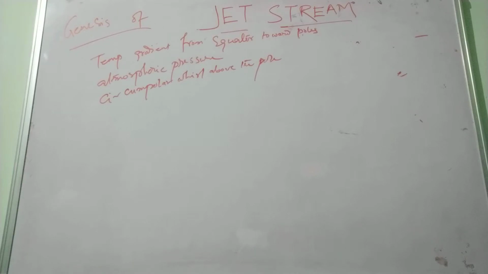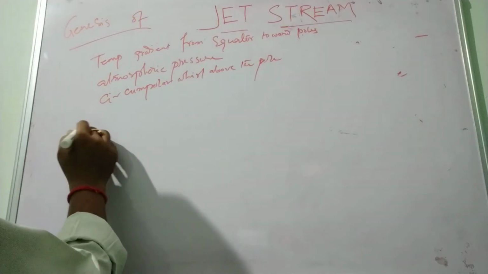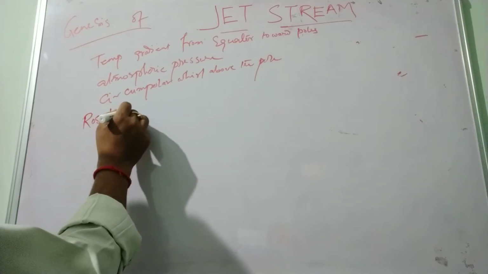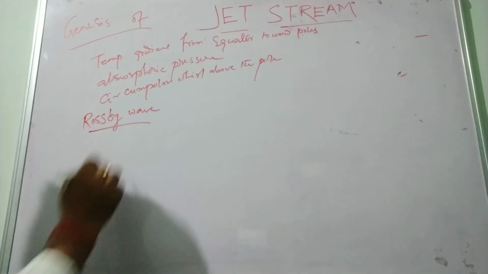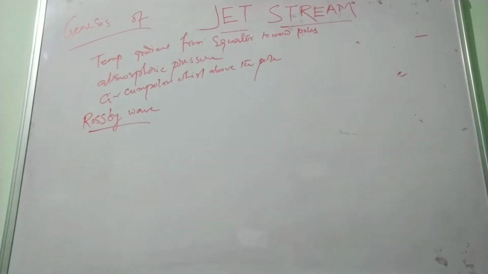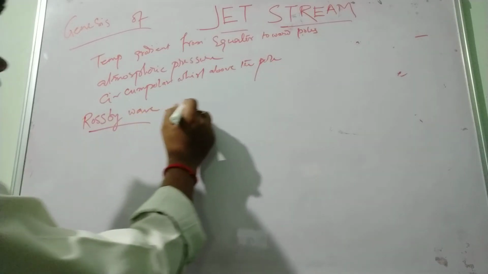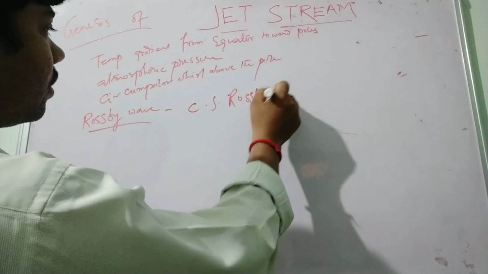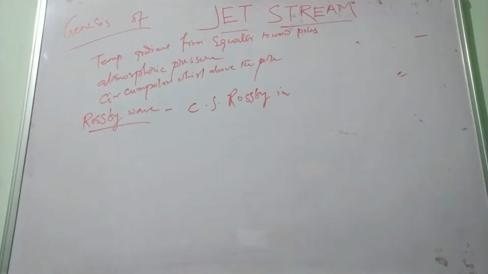The meandering path followed by the jet stream is known as Rossby waves, because it was discovered by C.J. Rossby in 1937.